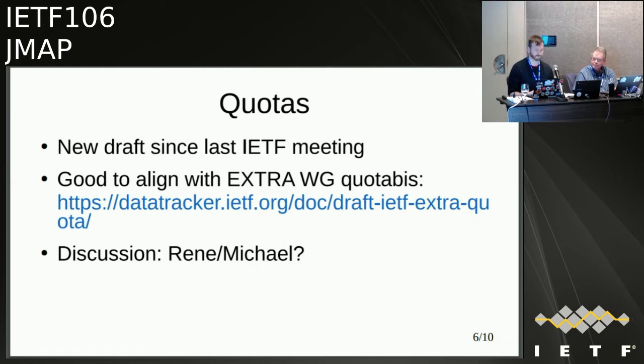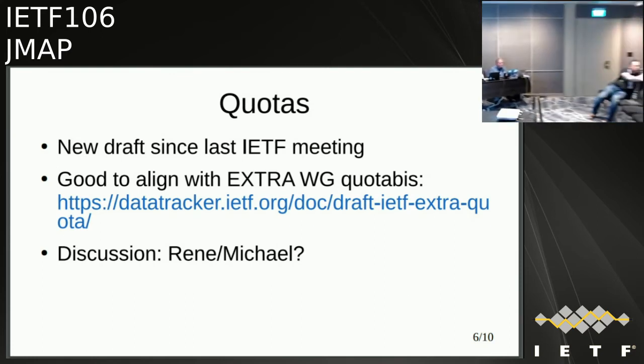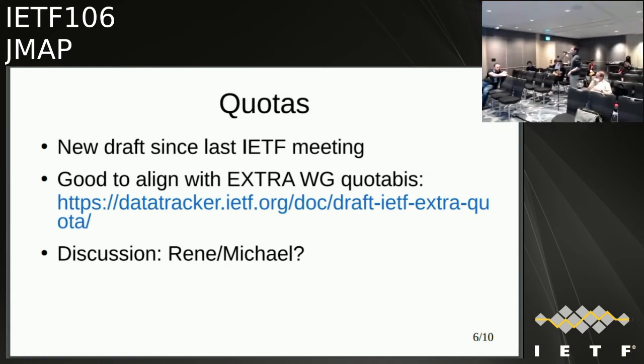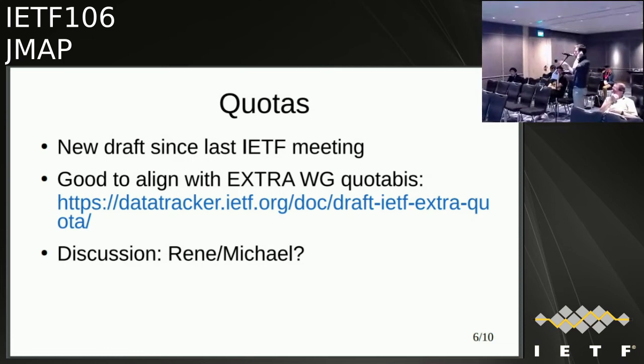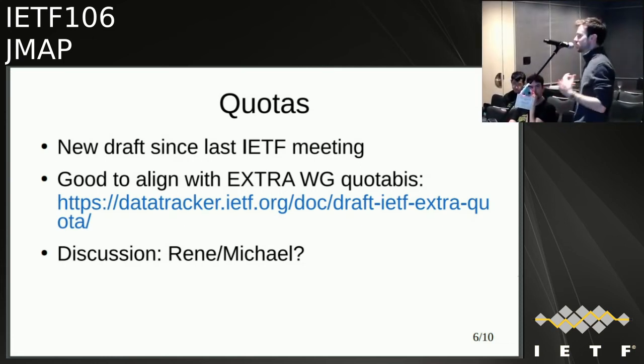If you have comments, I think this is Neil. As I recall from the list, the biggest question was that you could specify the scope of the usage separate to the scope of the total, which I didn't really understand. Like, you have 1,000 gigabytes of quota, and that quota is scoped to the server.